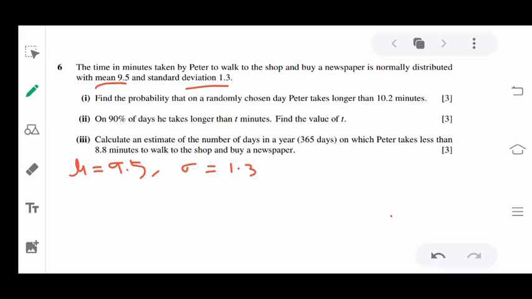So here, if we consider a random variable x which denotes the time taken by Peter, then x has a normal distribution with mean 9.5 and variance 1.3 squared.